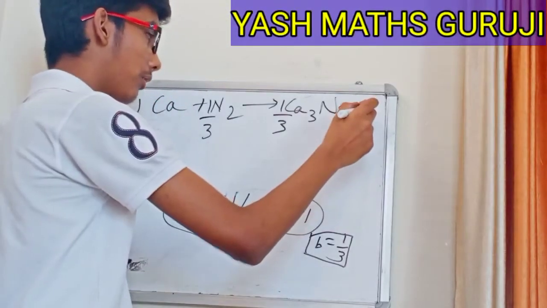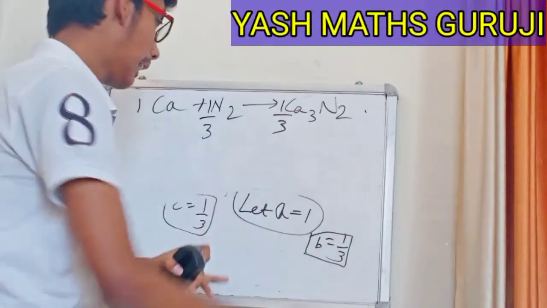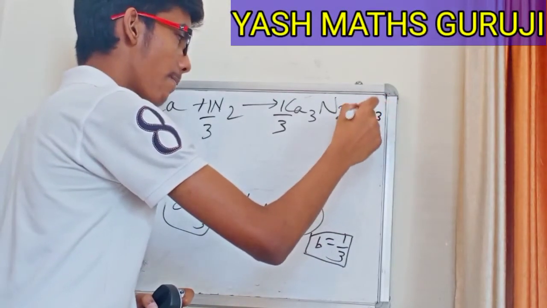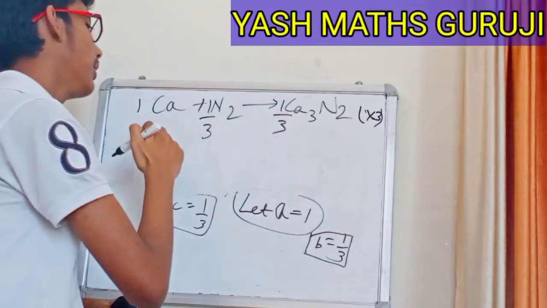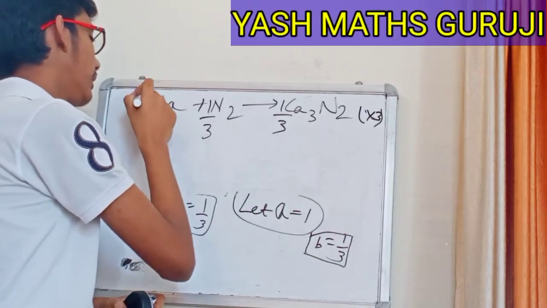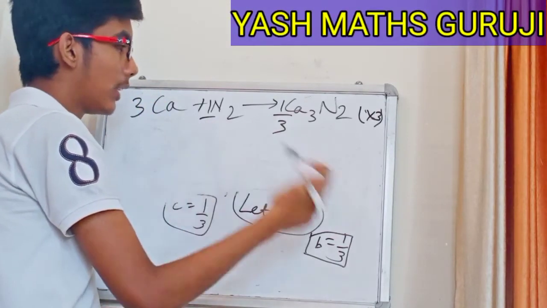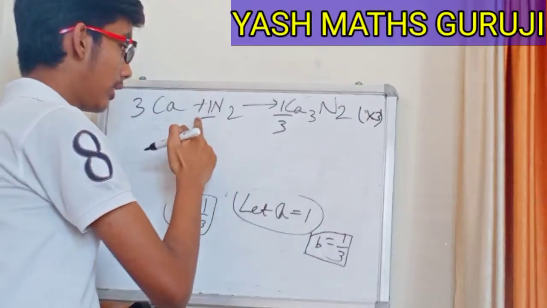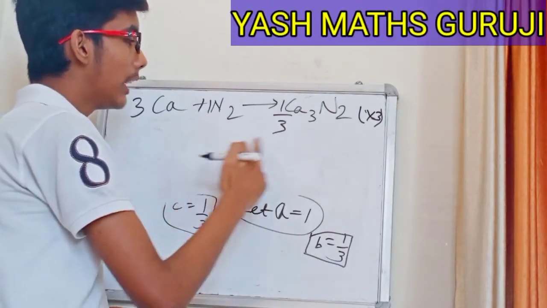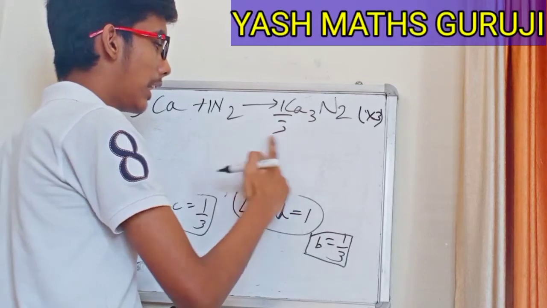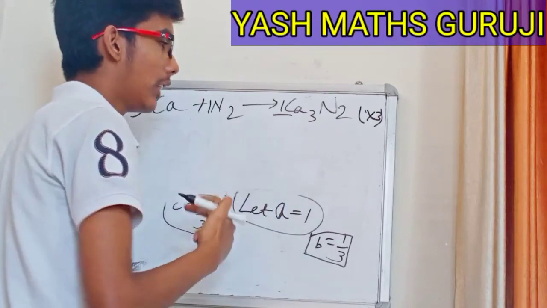So what should we do to make it a number? Multiply it by 3. When we multiply it by 3, then 1 into 3 equal to 3, and N2, 1 by 3 into 3, it will cancel and it will come as N2 only, and Ca3N2, 1 by 3 into 3 is 1.